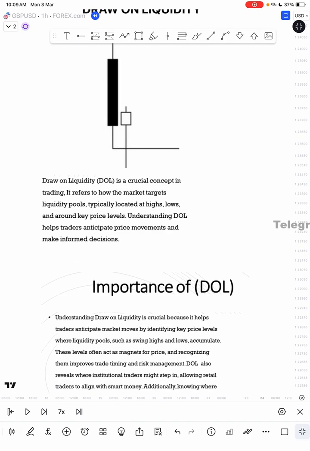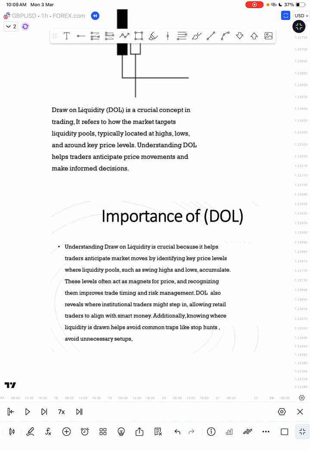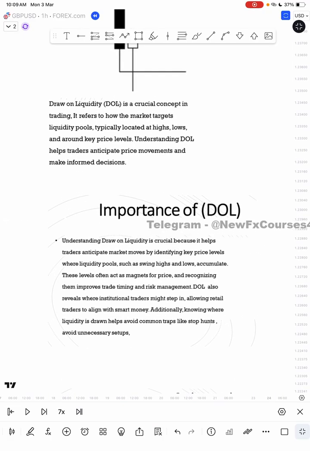So what's the importance of draw on liquidity? Understanding draw on liquidity is crucial because it helps traders anticipate market moves by identifying key price levels where liquidity pools such as swing highs and lows accumulate. These levels often act as magnets for price, and recognizing them improves trade timing and risk management.